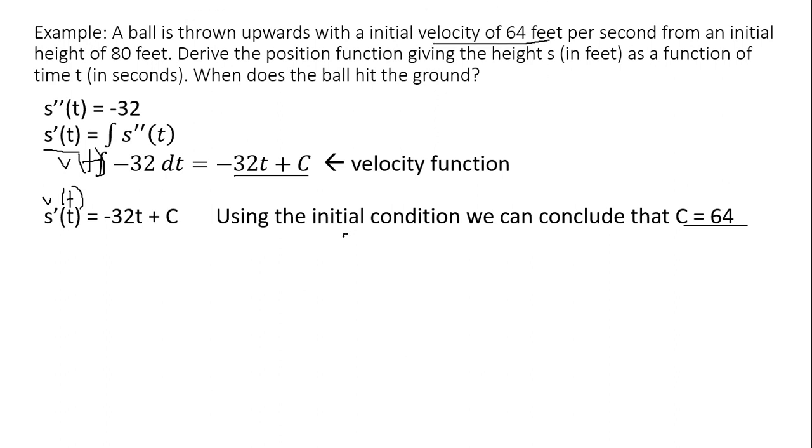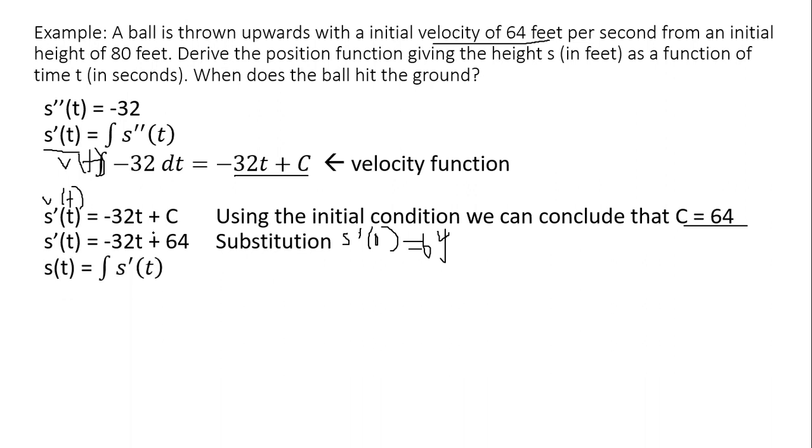Now, we know that this could be S prime of 0. If I plug in 0 in here, I get 0. We have S prime of 0 is equal to 64. I plug in 0 into my t, I get 0. 0 plus c is 64. C has to be 64. So now we concluded that. I substitute it in. Bang, done.